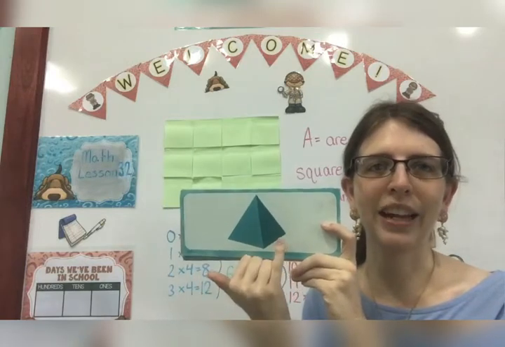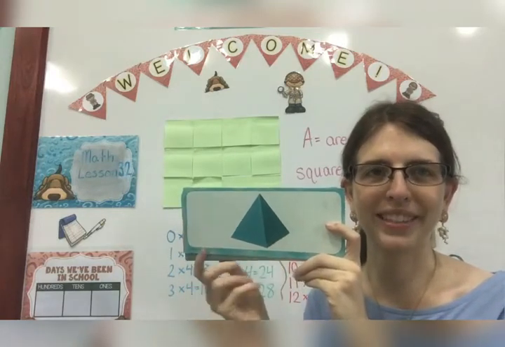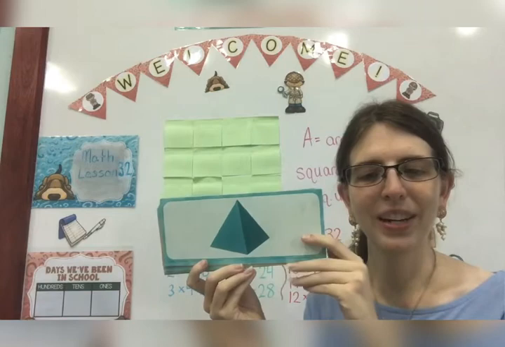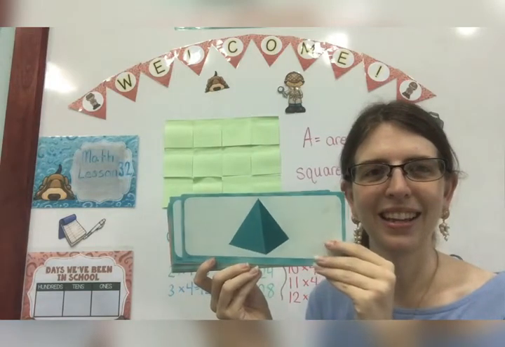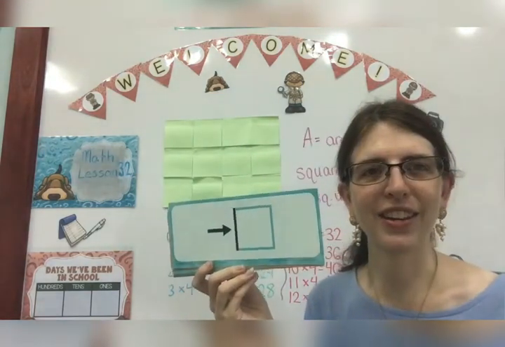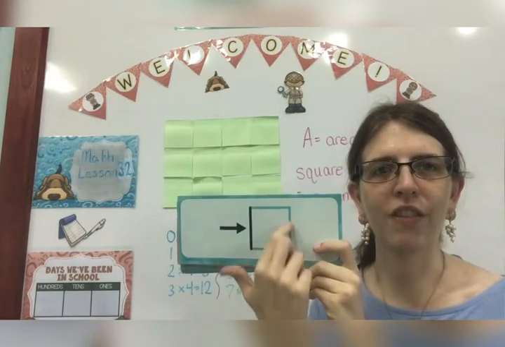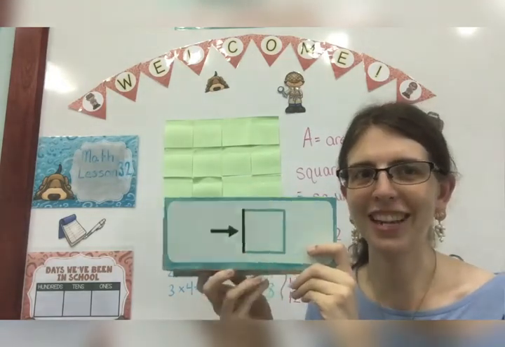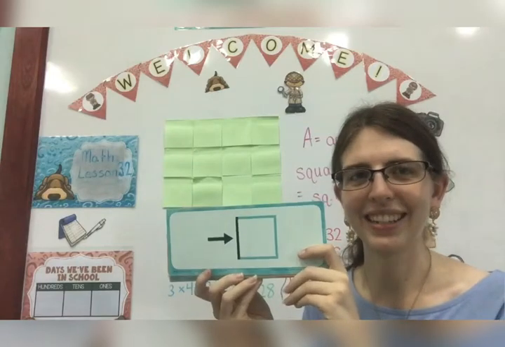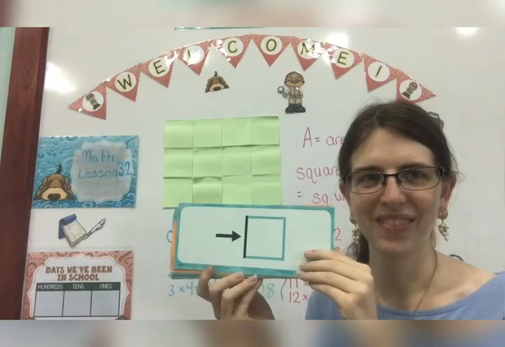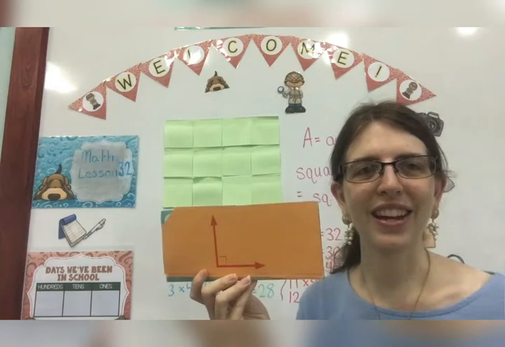What about this solid? It has a rectangle or a triangle on the base. What is this one, Andrea? Pyramid. Very good. What do we call this on a flat shape? In Spanish, it's lado. What is that? Aaron? Side. Very good.